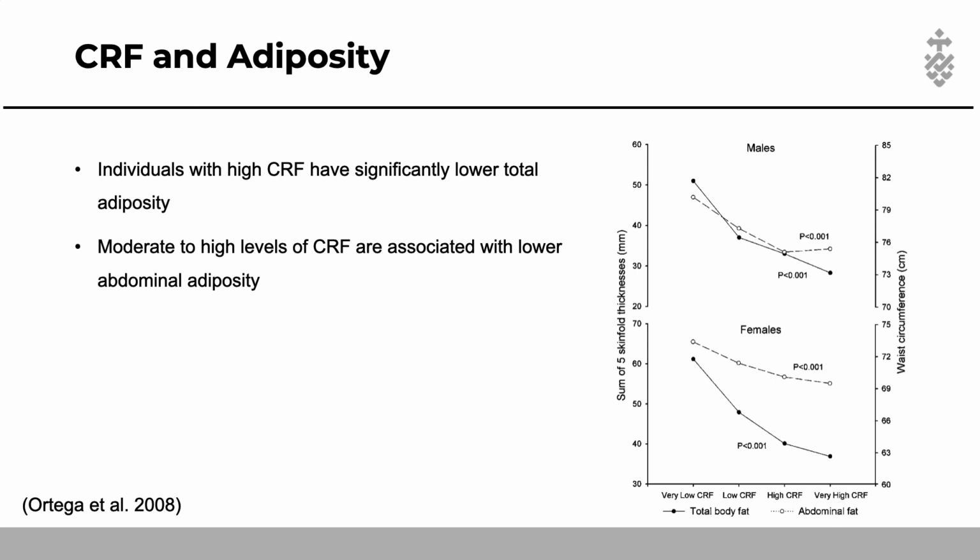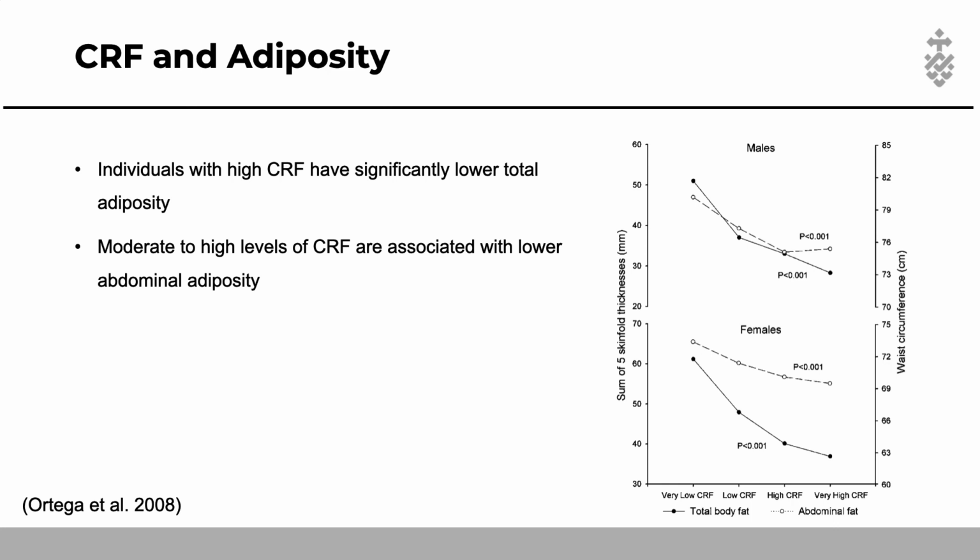Now, the results of this study indicate that those individuals with higher cardiorespiratory fitness levels also had significantly lower adiposity, total adiposity, that is, measured by these skin folds. And it was even in the overweight or obese children as well. So those who had a higher cardiorespiratory fitness were shown to also have lower overall adiposity.